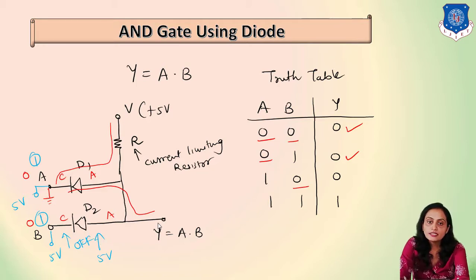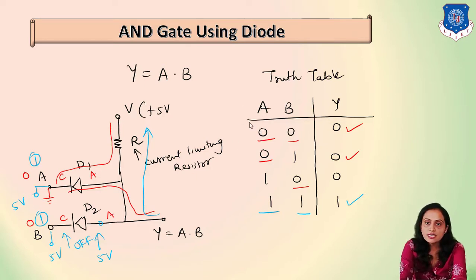And due to that, this output will be directly connected to this plus 5 volt only. This diode is off, there is no path from this anode to cathode over here, and that is why for both the inputs 1, we have output 1. So this is how the AND operation can be seen using the diode circuit.